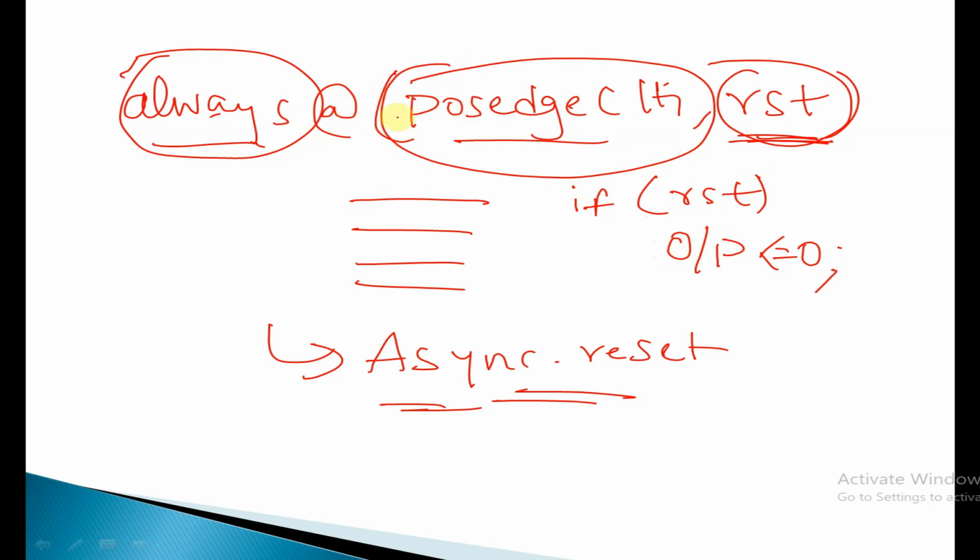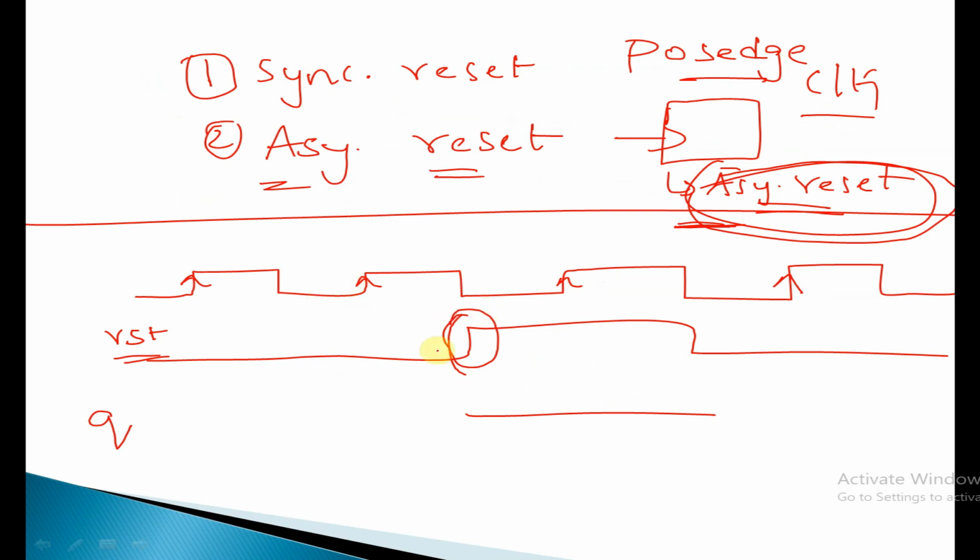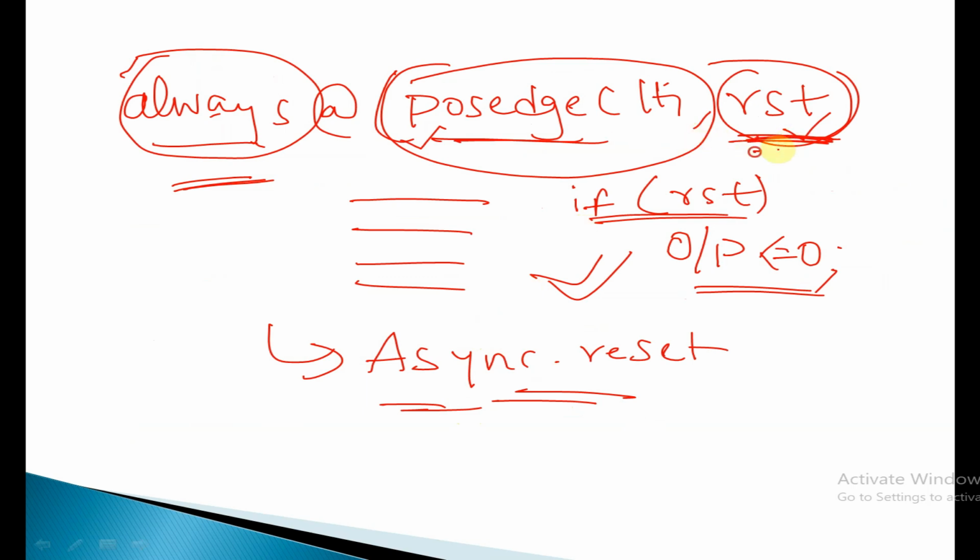In the design we have seen in this diagram, at any instance of time, if we apply a reset signal, no matter at which time, the output becomes 0. This is what we are modeling here.